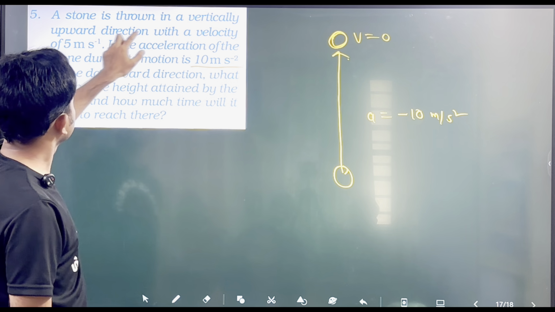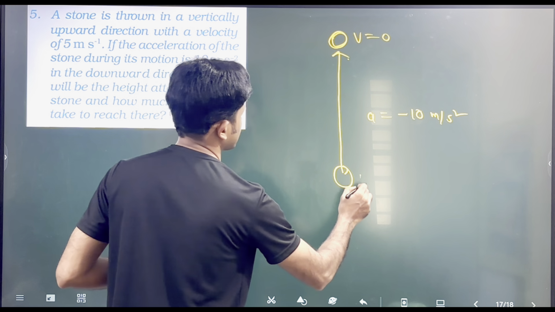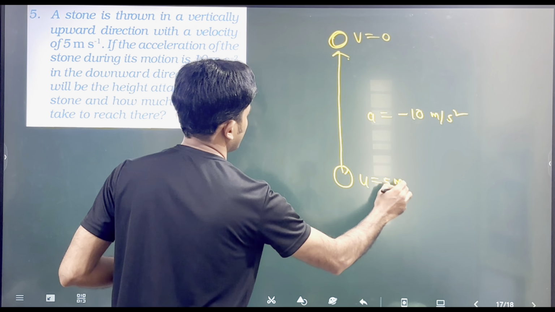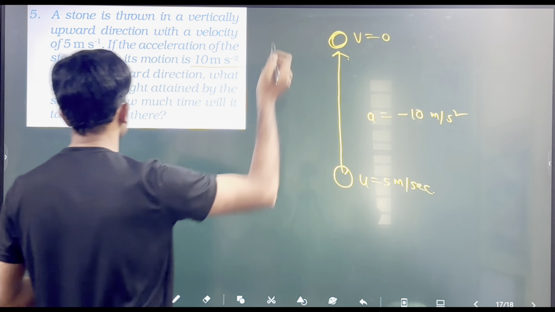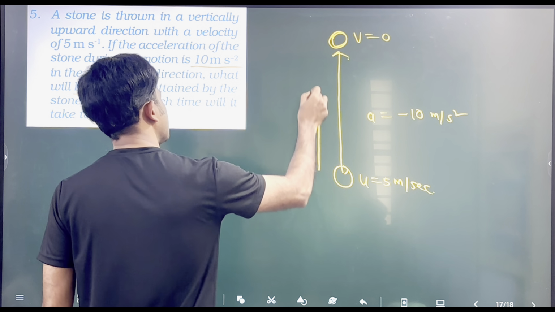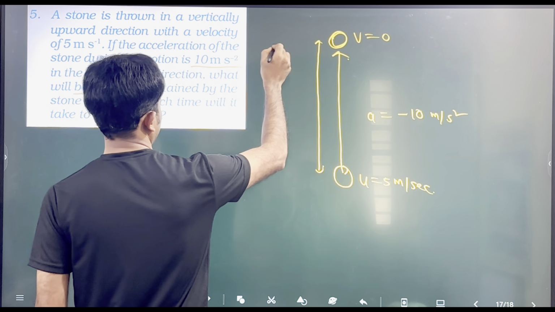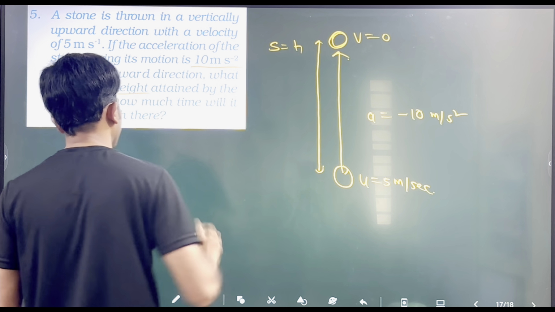And the stone is thrown vertically upward with a velocity of 5 meter per second. So the initial velocity is how much? 5 meter per second. This is the initial velocity. What will be the height? Height means how much distance it traveled in the vertical direction. Vertical direction distance we call the height, so s is equal to h only.